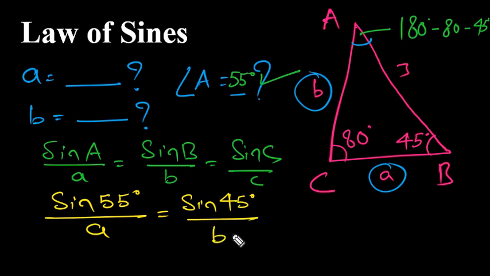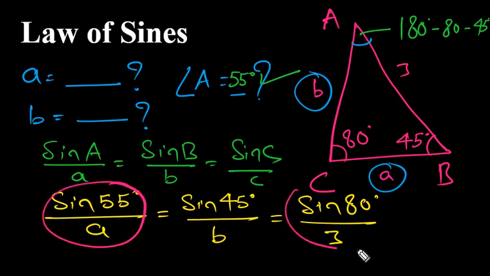Do you know small b? No. Sine capital C, which is 80 degrees, over 3. So you got all three equations using sine. Now how will you solve it? To solve for a, you need to take this and this. But how will you solve them?